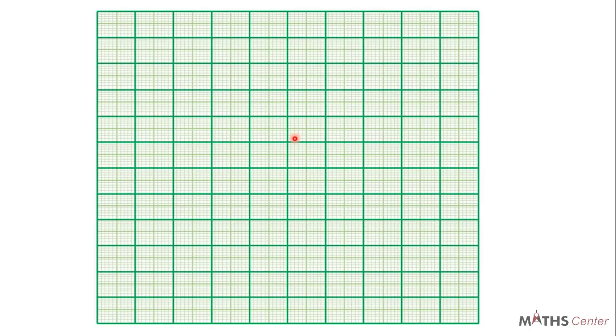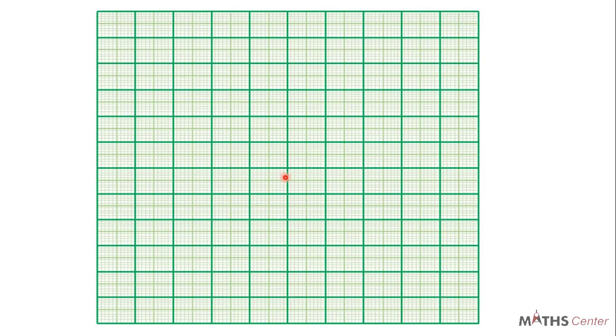From one vertical major grid line to another vertical major grid line, we have 10 divisions between them. In the same way, from one horizontal major grid line to another horizontal major grid line, we have 10 divisions between them. These are very, very important. You have to know them because you are going to use them as the video continues.